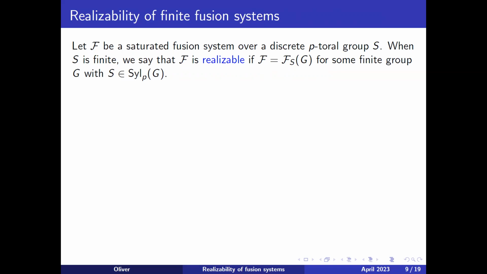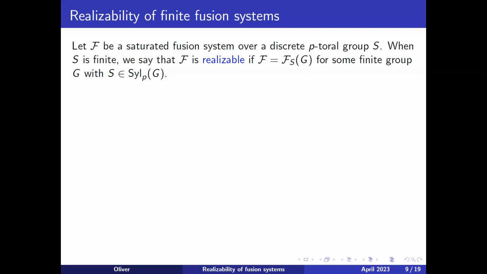So writing it down the easy way here, F is realizable if F is equal to F_S of G, the fusion system of G over S, for some finite group G with Sylow subgroup S.